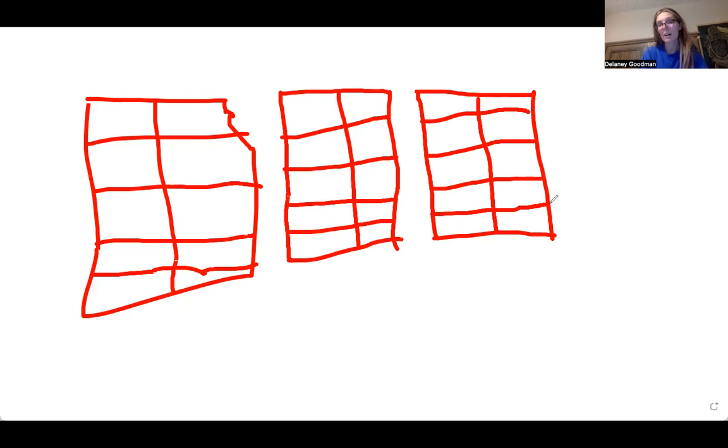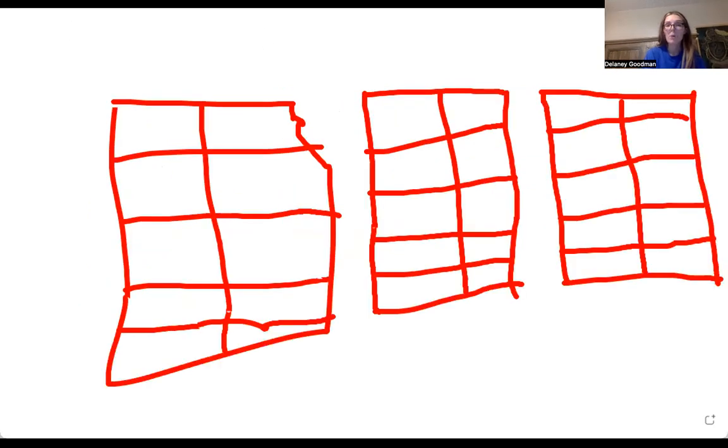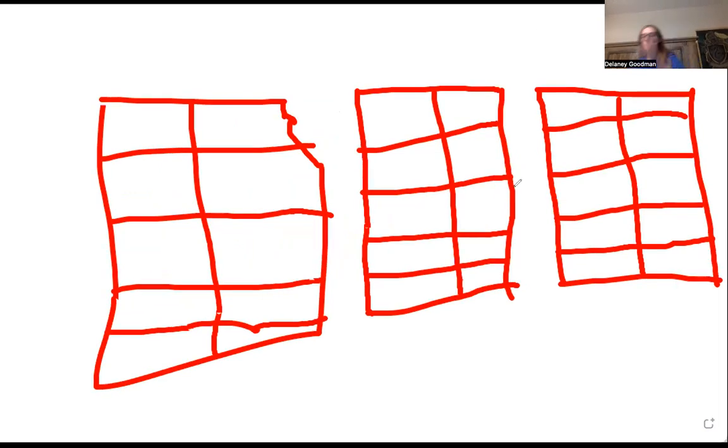So the first thing that I am going to do is I am going to model the number 23. So I'm going to take 23 snap cubes, 23 of these, and I'm going to put them on my 10 frames. So I'm going to draw my manipulatives on my 10 frames, okay?